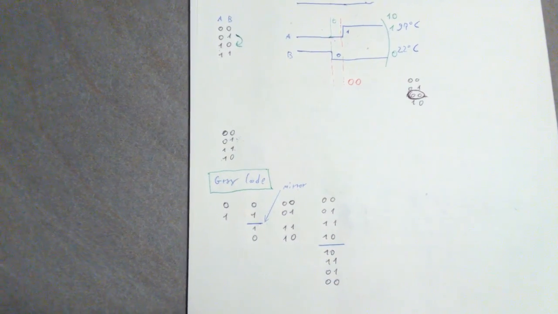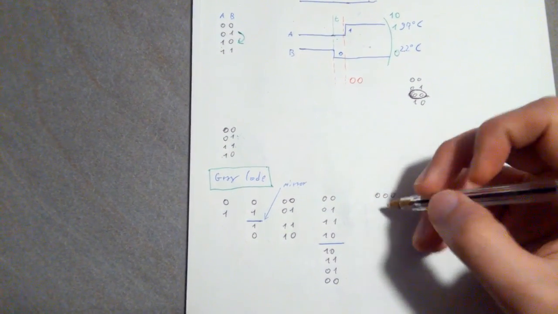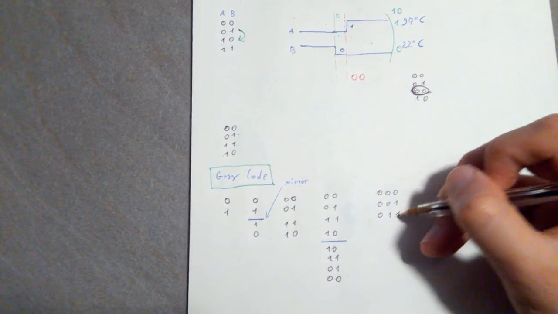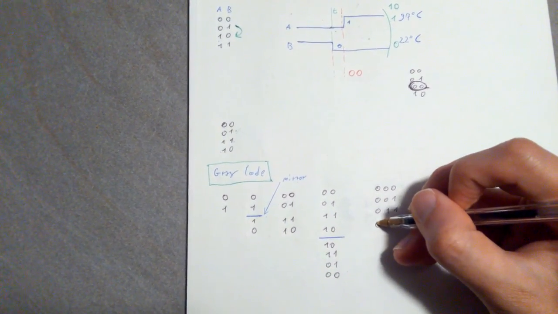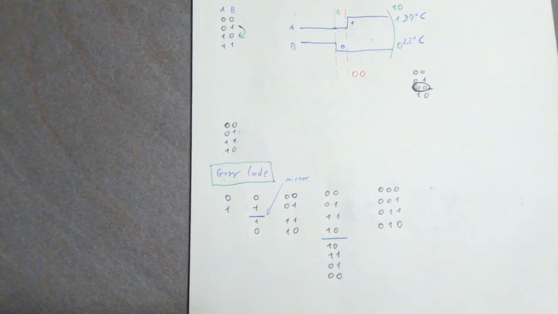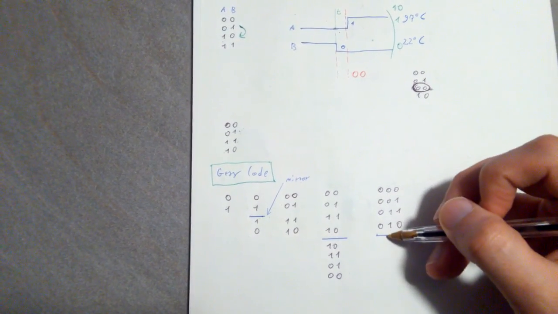And do you want to go on? You can go on. You can have 000, 001, 011, 010. You put the mirror for the first two.